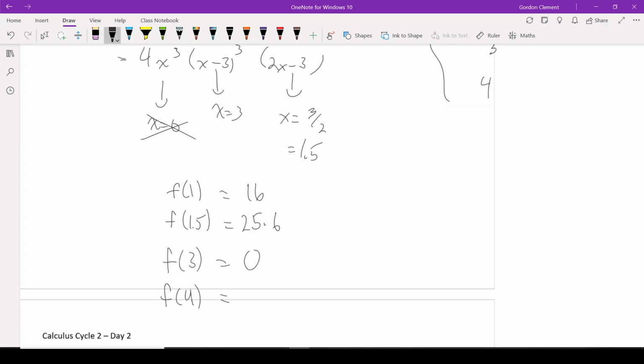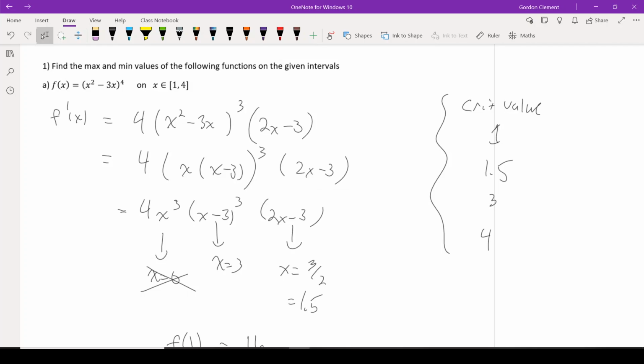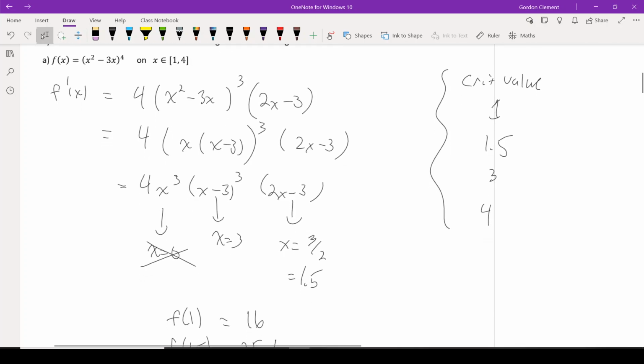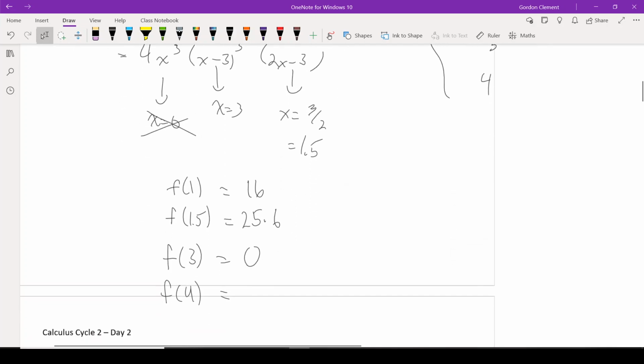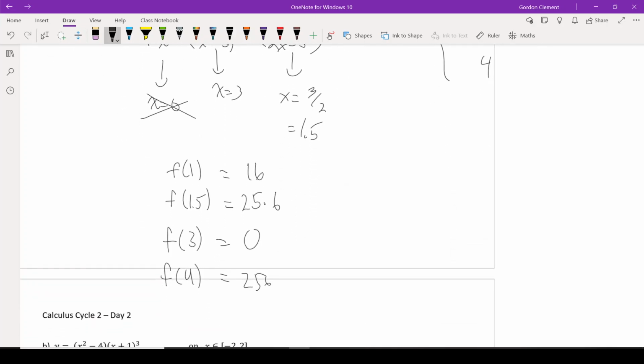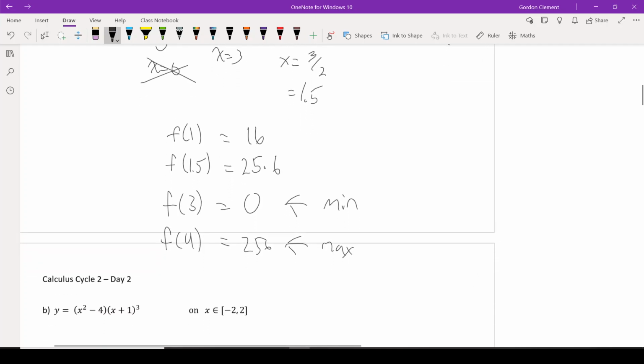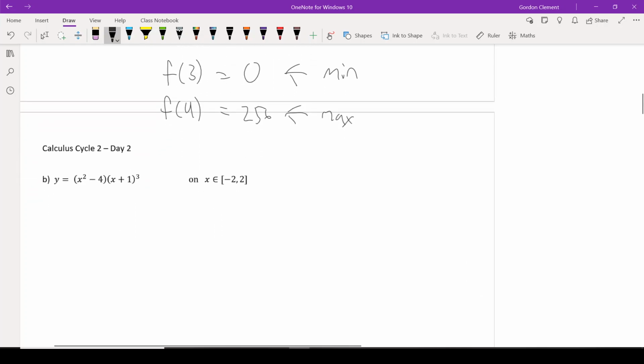And f at 4 is going to be 16 minus 12, so 4 to the power of 4, which is 256. So there's our max. There's our min. So there's the first one done. We can move on to the next one.